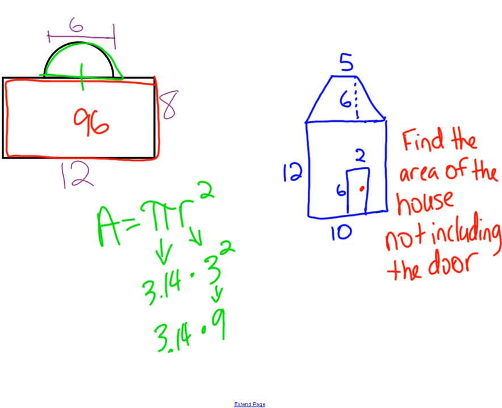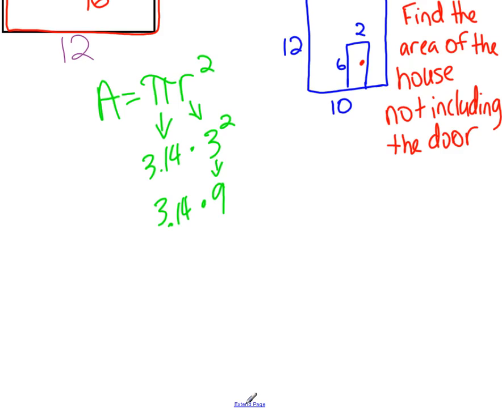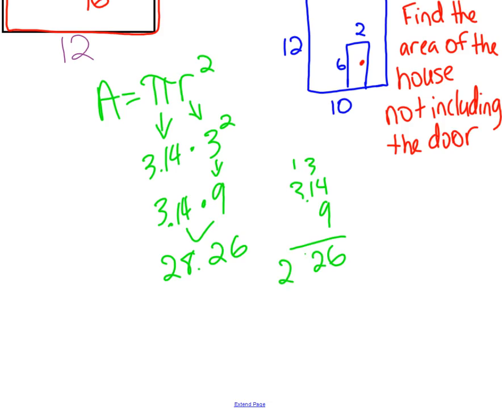Then we have 3.14 times 9, which hopefully we worked out, which is 28.26. Okay. It's 28.26.